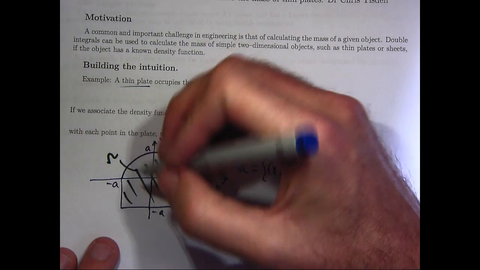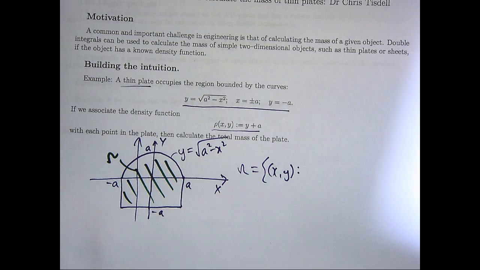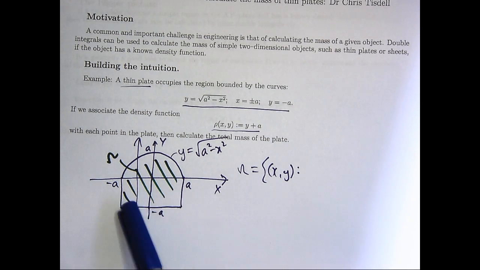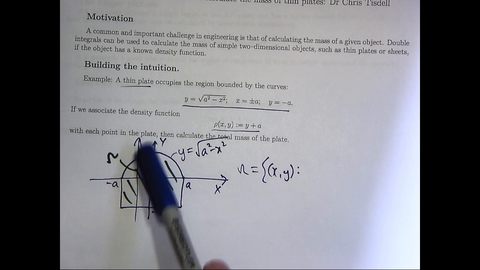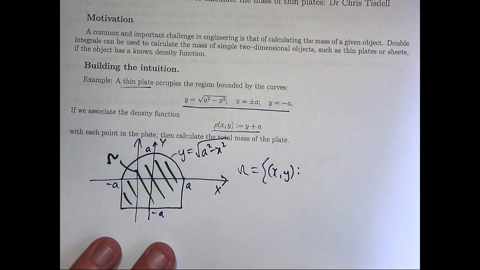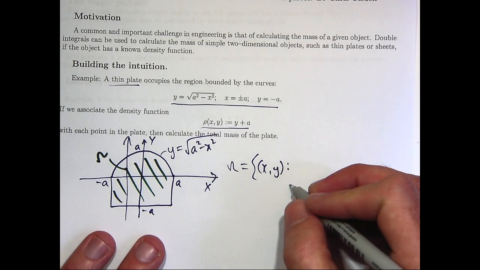I'm going to use a vertical line here. That vertical line enters the region at y equals minus a, and it leaves the region at y equals root a squared minus x squared. So that would be the 2 bounds for our y.